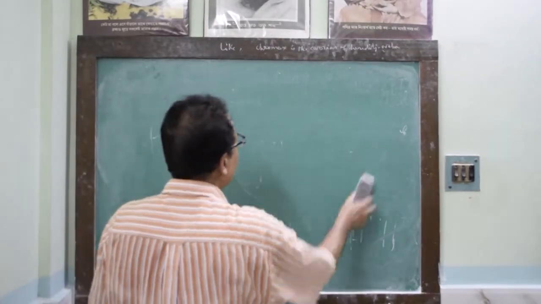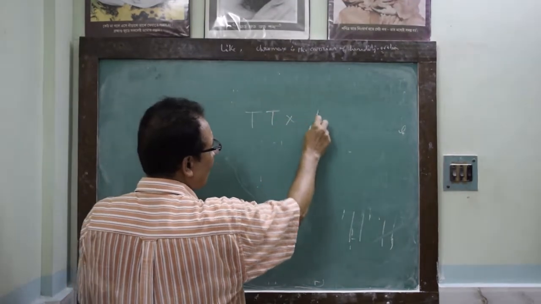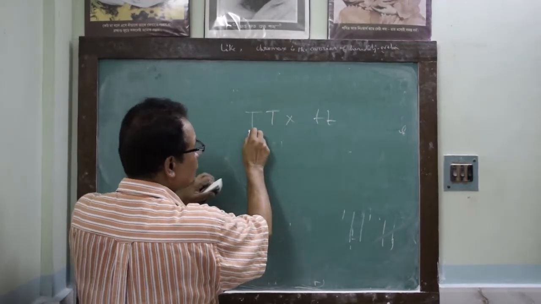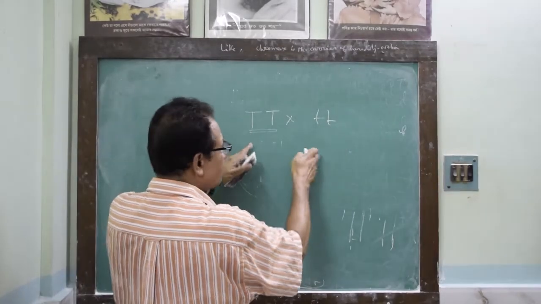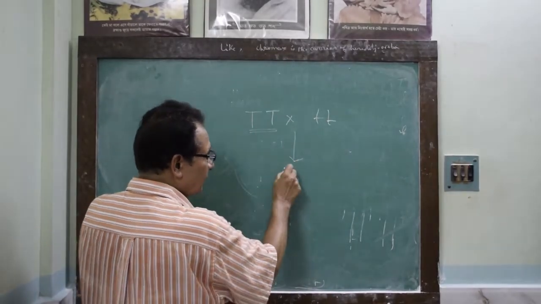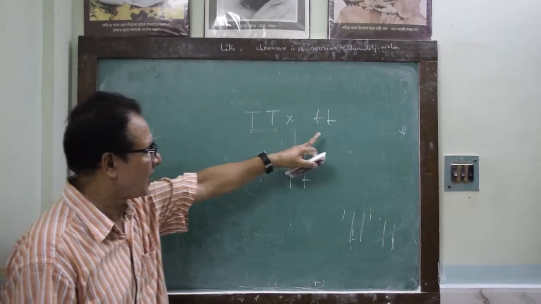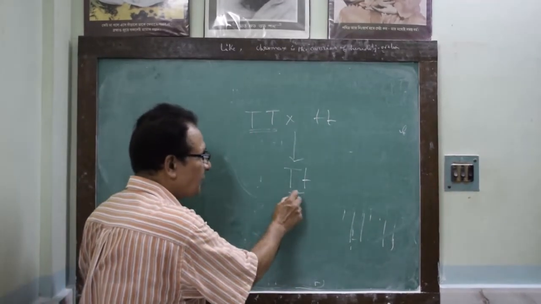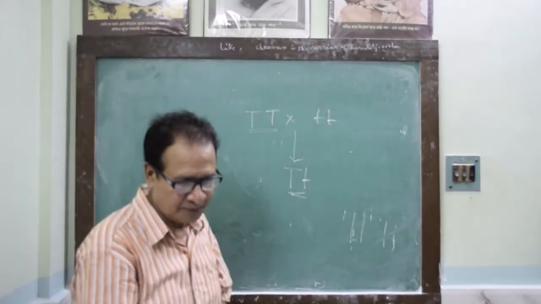For example, if a tall plant and a dwarf plant are crossed, that is, the contrasting traits tall and dwarf of the two organisms, the offspring produced have both genes, tall gene and dwarf gene. It is the hybrid, and this process is hybridization.